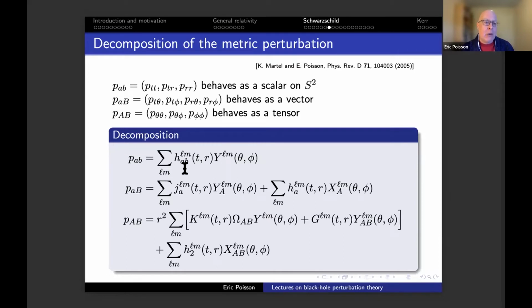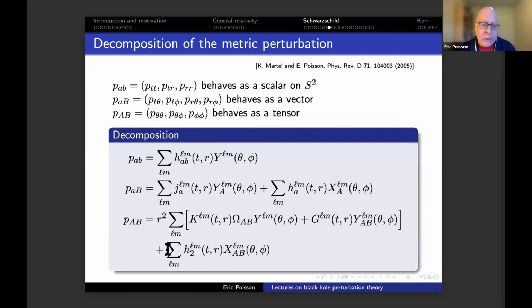So the coefficient here I call H, the coefficient here I call J, another H with just one index. And here, for just conventional reasons, I factor out a factor of r squared. The trace part is going to be called K. The symmetric trace-free part is going to be a G. And over here in front of the X, that's going to be called H2. And again, for historical conventional reasons, there's no r squared being factored here.